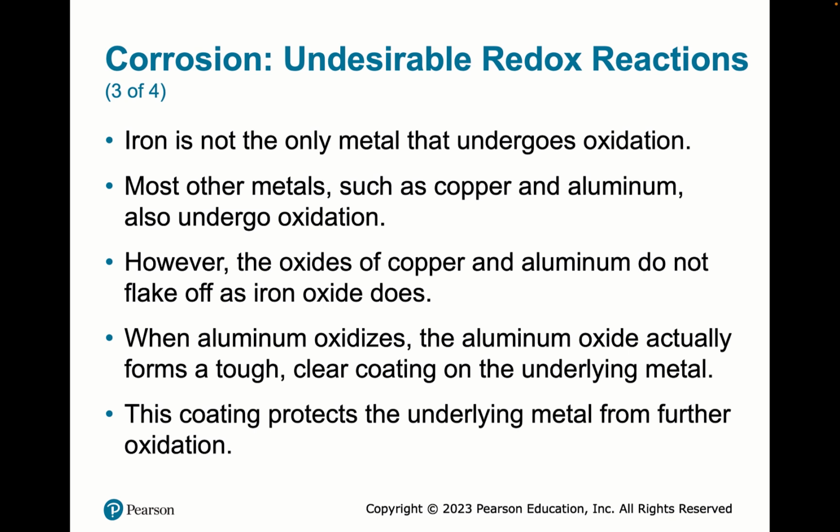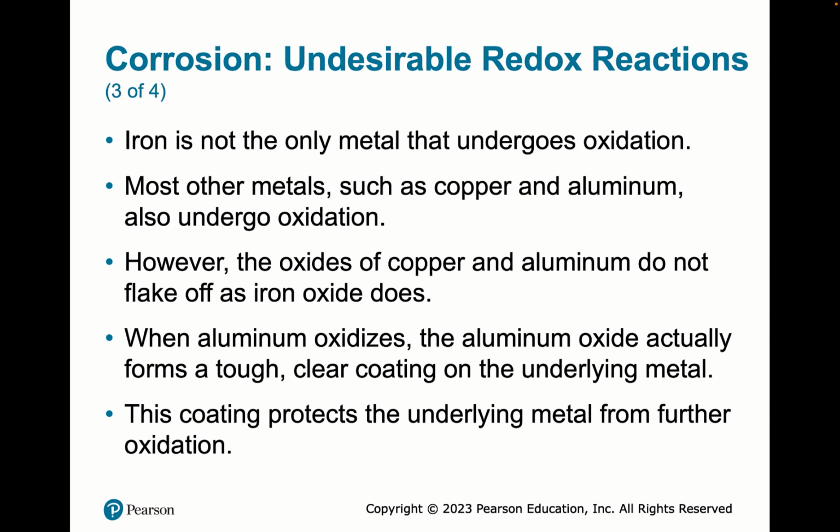Iron is not the only metal that undergoes oxidation, but it is kind of the more dramatic one for us. And iron is a reactive metal, but it's not particularly reactive. Copper can oxidize too, but aluminum is a very reactive metal, though we think of it as not very reactive. The reason is that, especially for aluminum, the oxide is really strong.